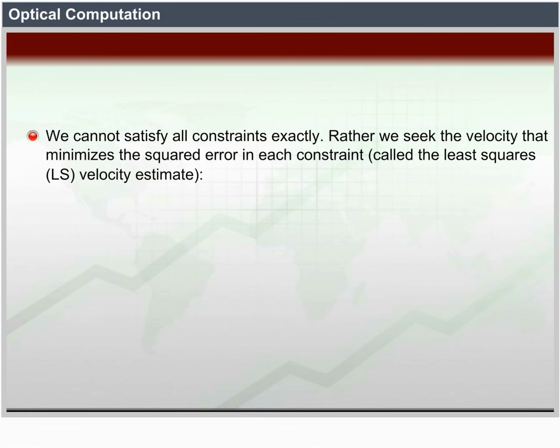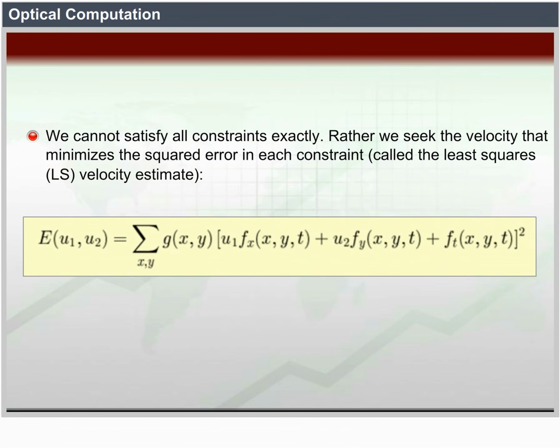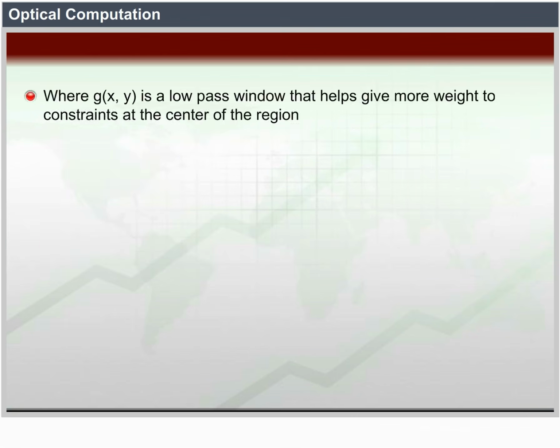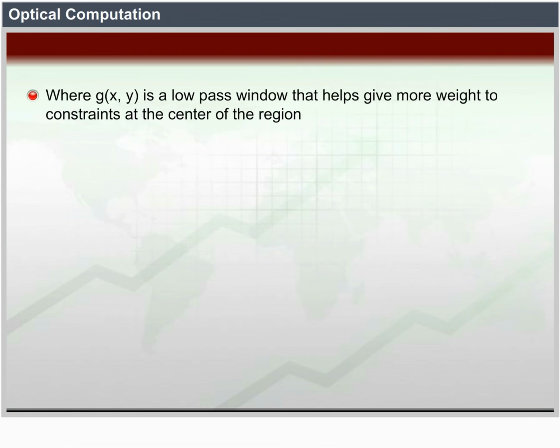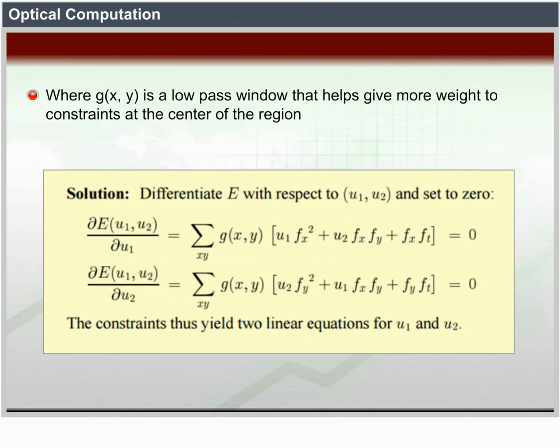Rather, we seek the velocity that minimizes the squared error in each, called the least squares velocity estimate, where g of x, y is a low-pass window that helps give more weight to constraints at the center of the region. Solution: differentiate E with respect to u1, u2 and set to 0, as shown in the equations on screen.